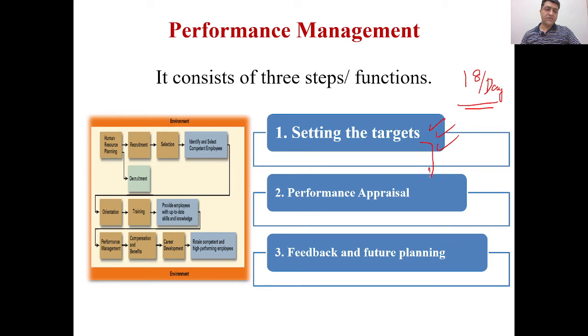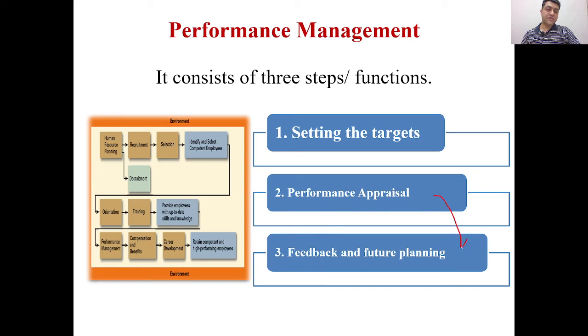Then after a few days or a month, or generally annually or biannually, you appraise their performance, which means you see whether the set targets are being met or not. So let's suppose somebody is making 16 products per day and not 18 products per day, which was the set target. So you actually appraise, you evaluate how they are performing.